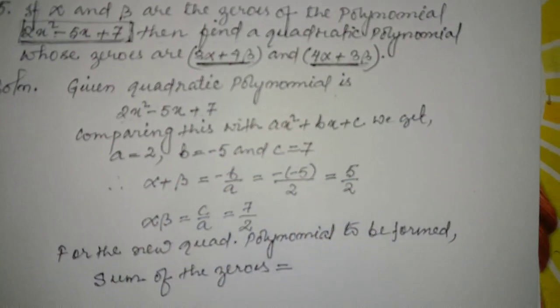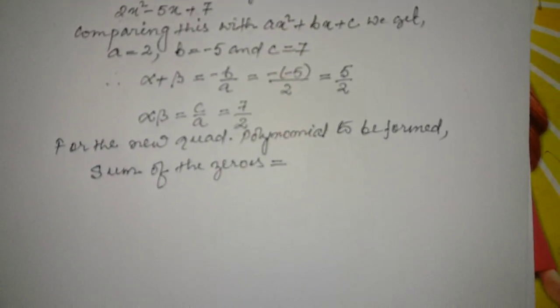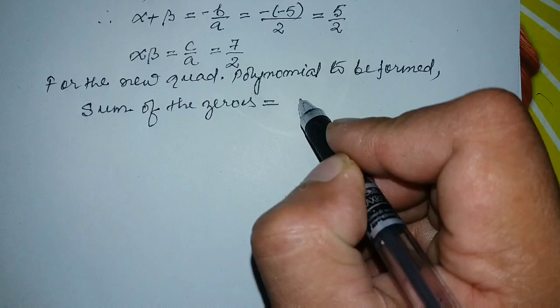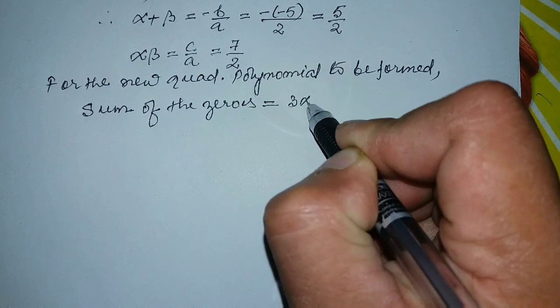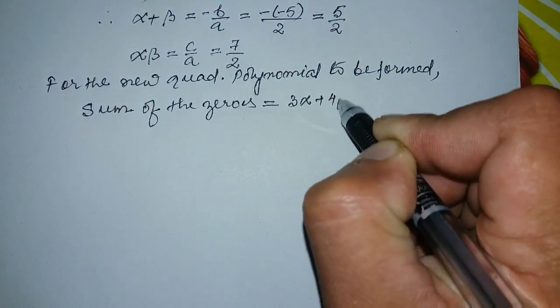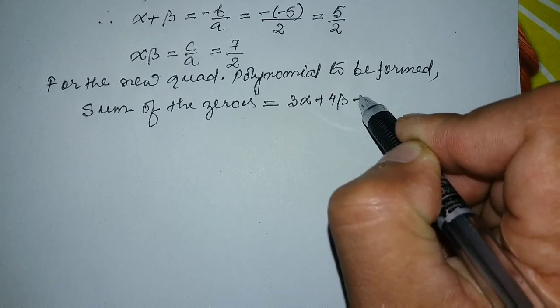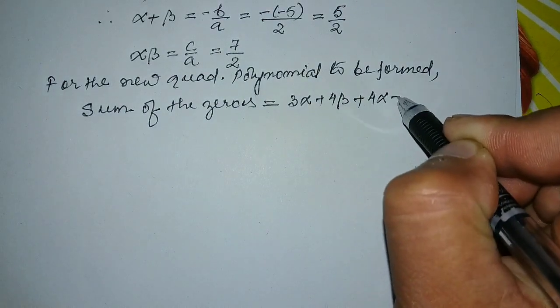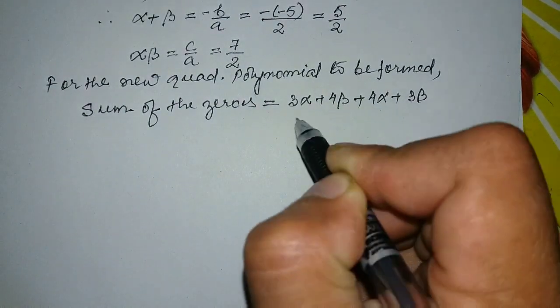When we say sum of the zeros, we're going to add these two given zeros. So it's 3 alpha plus 4 beta plus 4 alpha plus 3 beta.